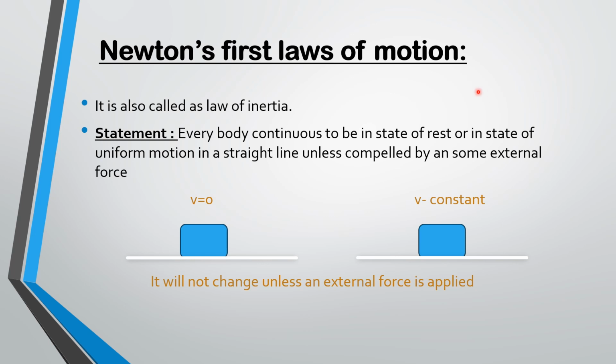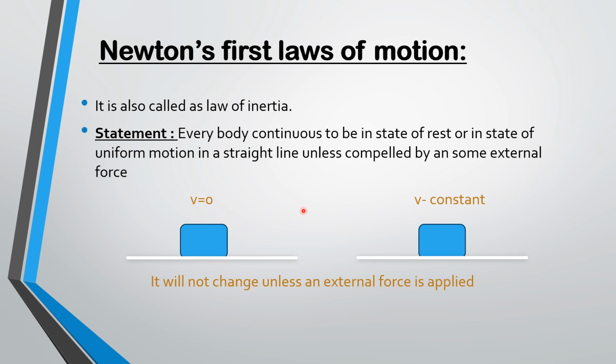First, we will move to Newton's first law of motion. It is also called the law of inertia. Why? I will tell you later. First we will go to the statement: every body continues to be in a state of rest or in a state of uniform motion in a straight line unless compelled by some external force.